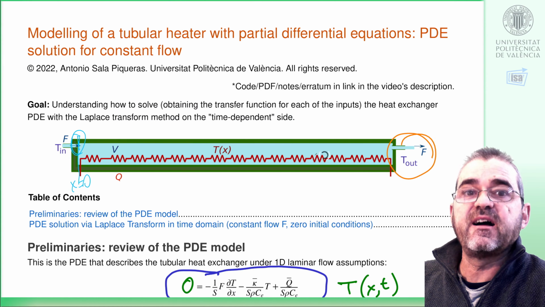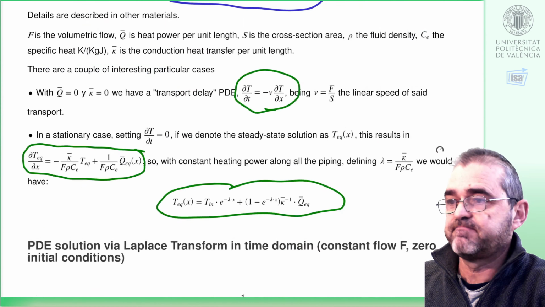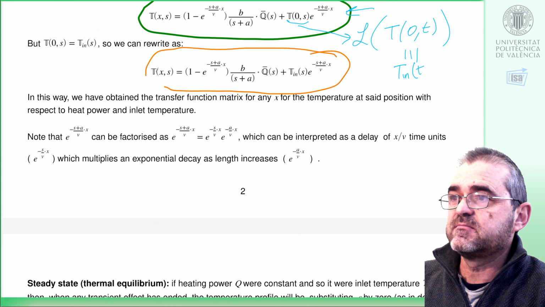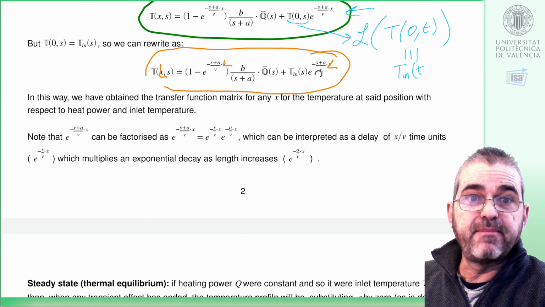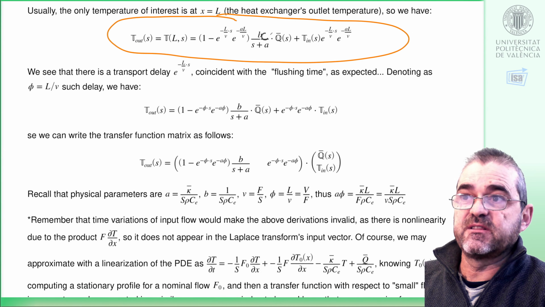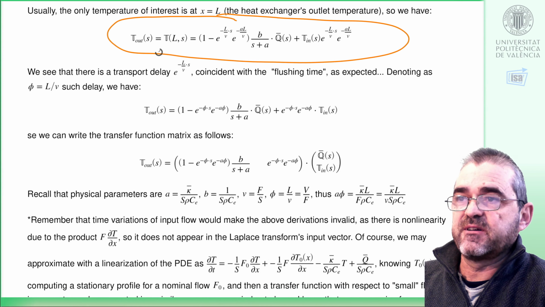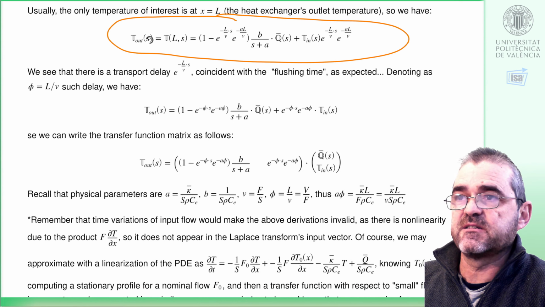In most technical problems, the only variable of interest to me is just the outside temperature, not the inside temperature profile. So if my only interest is in the outlet temperature, I can just skip the dependence on x and just replace x by the length of the pipe. So I will get an expression that only depends, of course, now on s, because we are particularizing to a particular position, the right-hand side extreme of the heat exchanger.